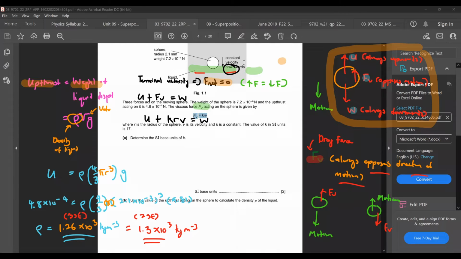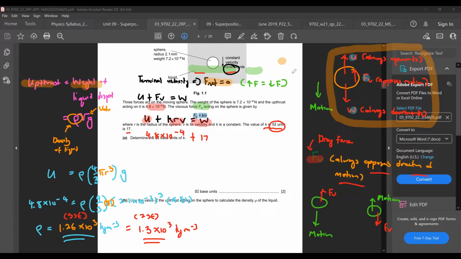So from here, you also know all the other relevant values already. Your upthrust is 4.8 times 10 power minus 4. Your value of K, the question already told you, is 17. They say already in SI units, so you don't really need to bother about the units because you're working with SI units throughout your equation.